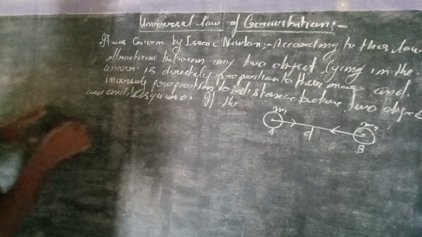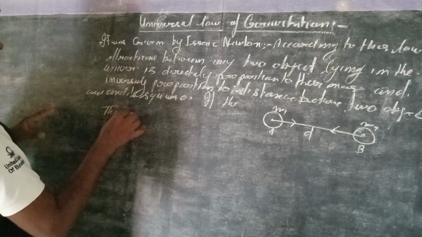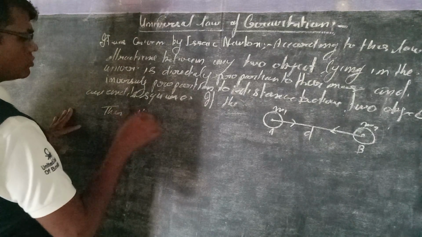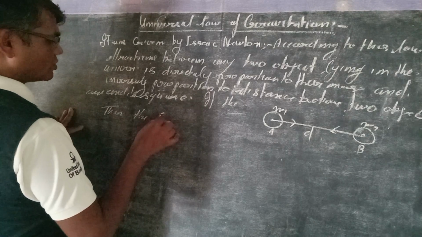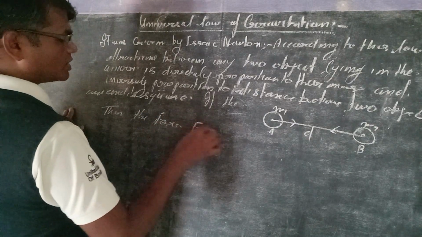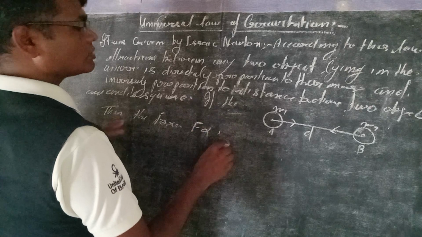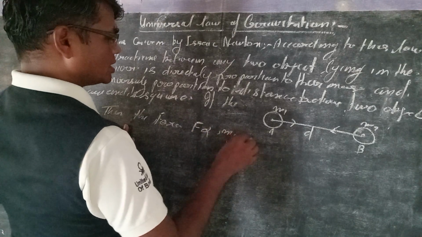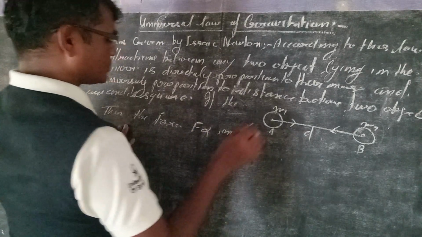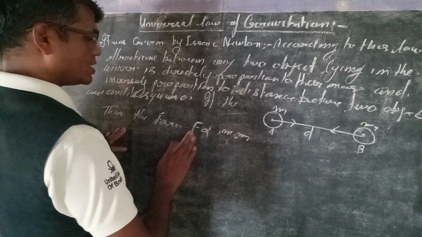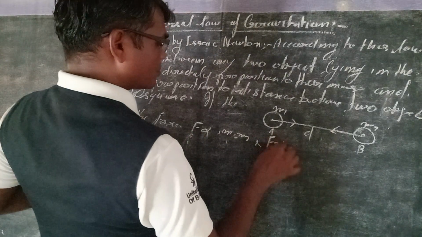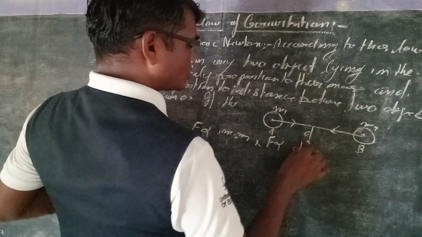Then the attractive force F is proportional to M1 and M2, and F is proportional to 1 by D square.